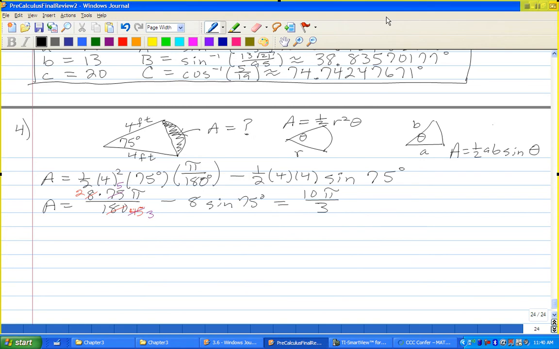Ten over 3. Yep. Minus 8 sine 75 degrees. And that is the area in, I think, yeah, these are feet, square feet.